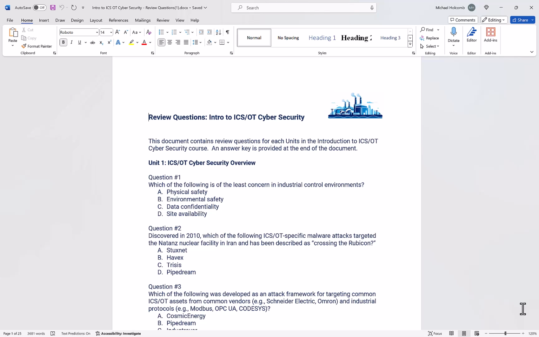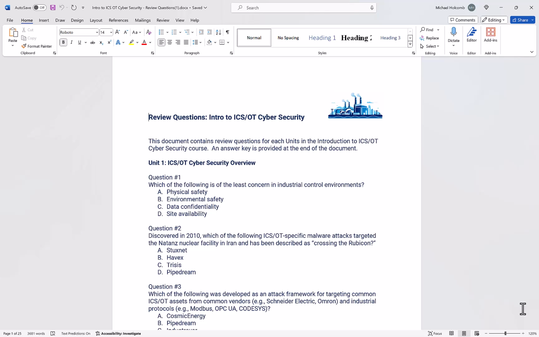So question 2: discovered in 2010, which of the following ICS OT specific malware attacks targeted the Natanz facility in Iran and has been described as crossing the Rubicon? I had read that in an interview that Andy Greenberg included in his book, Sandworm.